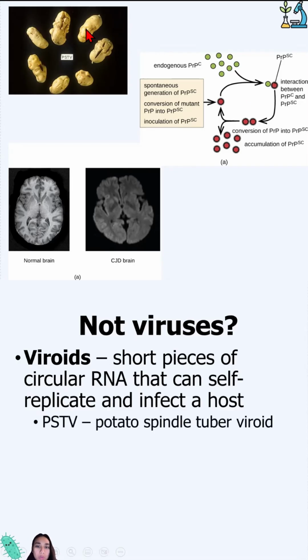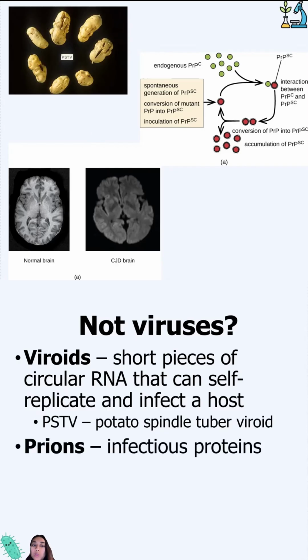So one example is this potato spindle tuber viroid that apparently infects potato plants and makes the potatoes look like that. These are very rare, and it's hard to study viroids. If you can imagine, they're just pieces of RNA. So not really much information about them.